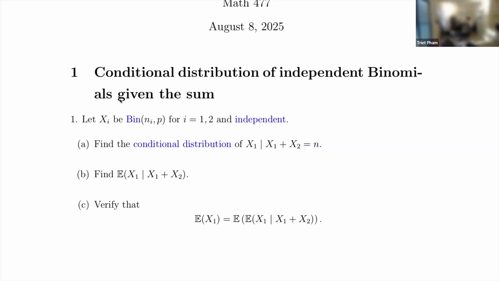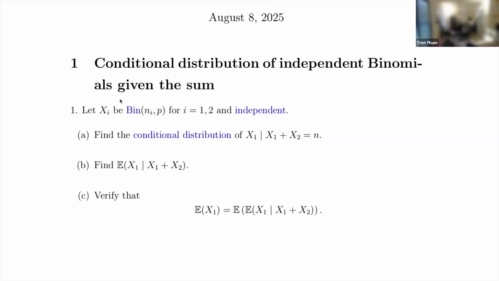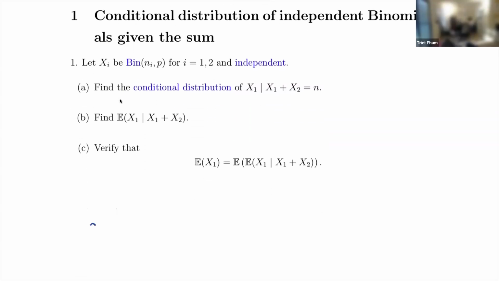So here we have two independent binomials. The thing to pay attention to is that they have the same success probability p. And we want to look at the conditional distribution of one of them conditioned on the sum. The first one is really just about this.